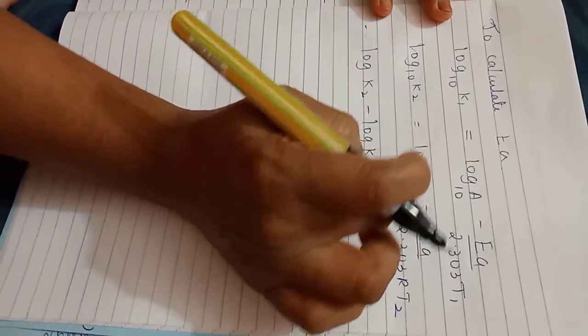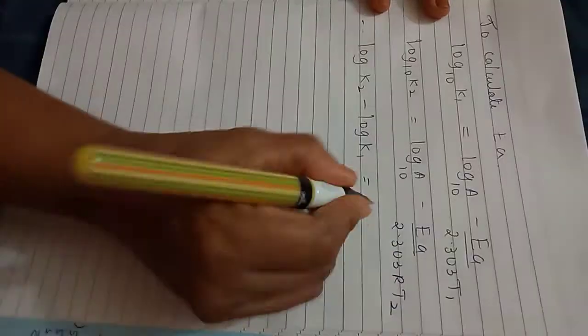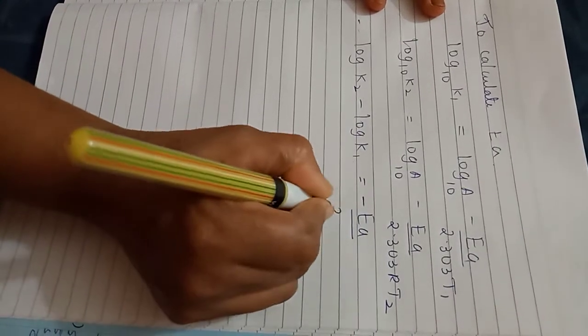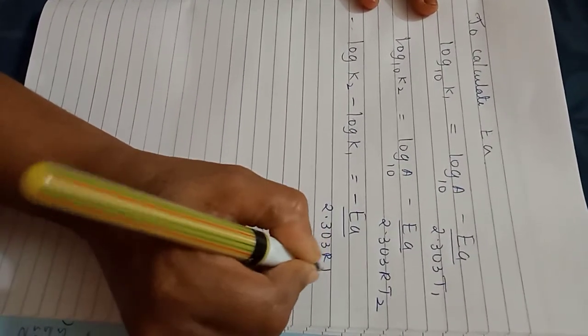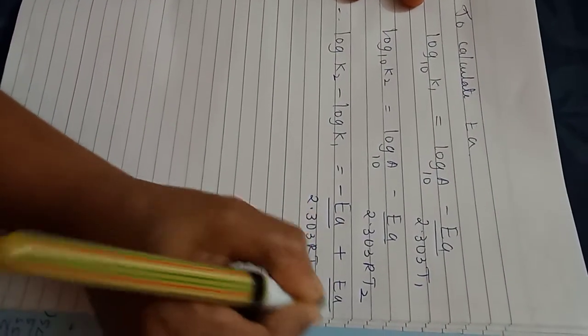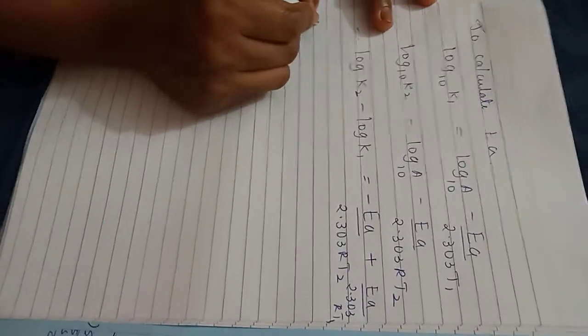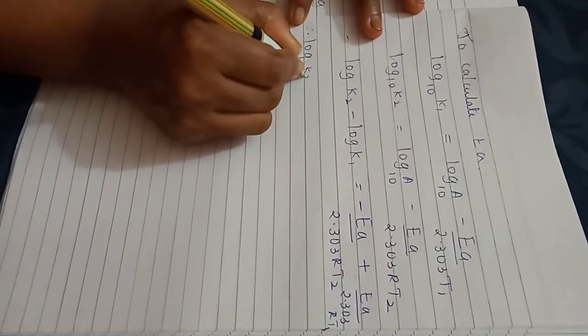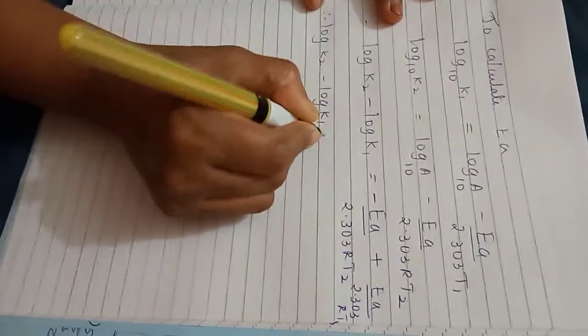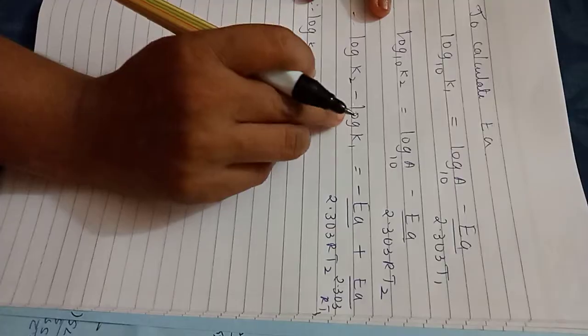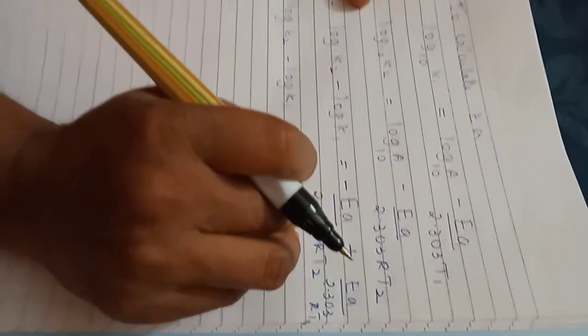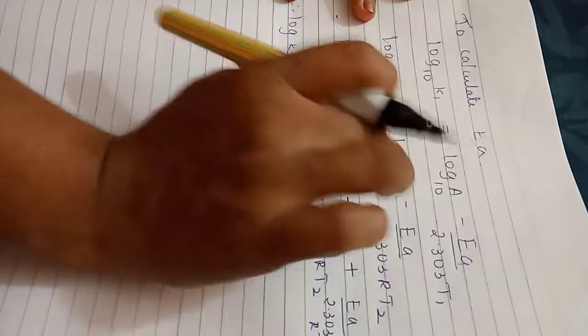When I subtract, I hope you understand, this gets subtracted with this: minus Ea upon 2.303 RT2 minus of minus, which will become plus Ea divided by 2.303 RT1. That is log K2 minus log K1. Minus of minus, because I am taking this minus this. So minus Ea divided by 2.303 RT2 first. Log A to the base 10 cancels on both sides, minus of minus becomes plus.